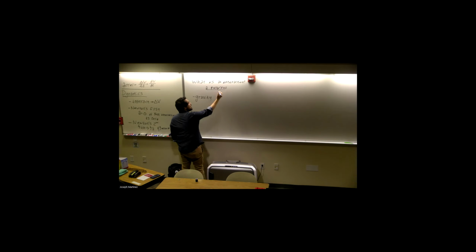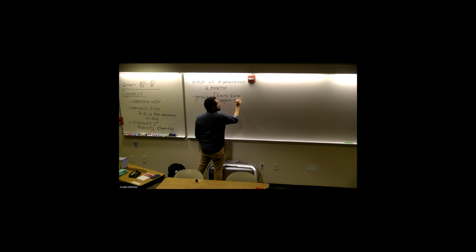So gravity is an interaction between the entire Earth and an object near its surface. Technically, any object would be pulled on by the Earth, but we'll keep it in the context of near the Earth's surface.